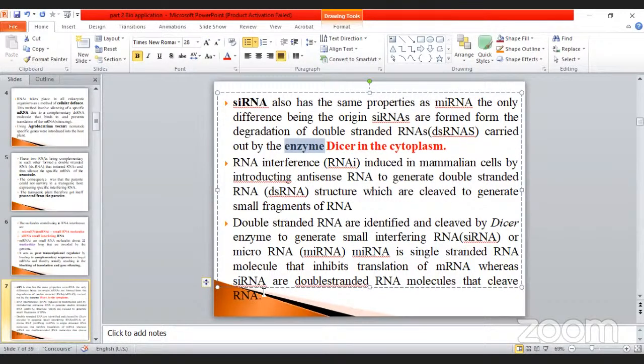As a result, small interfering RNA or microRNA is generated. The microRNA is a single-stranded RNA molecule that inhibits the translation of mRNA, whereas siRNAs are double-stranded RNA molecules that cleave the RNAs.